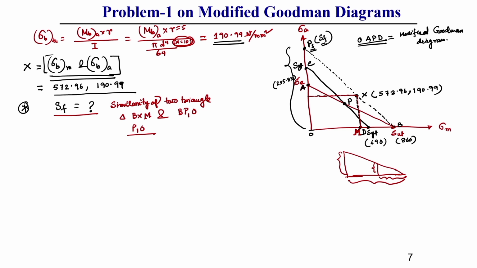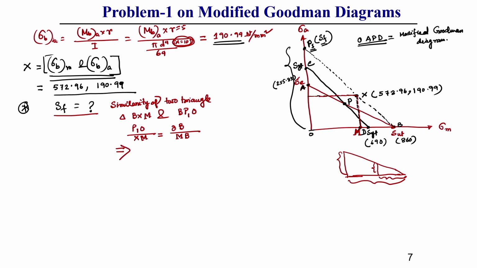So, here P1O divided by XM is equal to OB divided by MB. This way we can write, correct. From the similarity of these two triangles, we can write this.